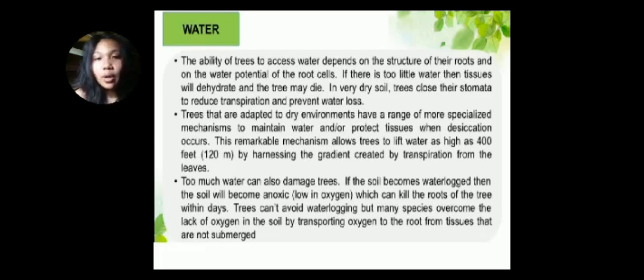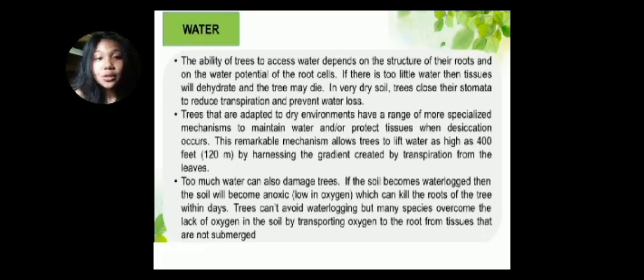In very dry soil, trees close their stomata to reduce transpiration and prevent water loss.